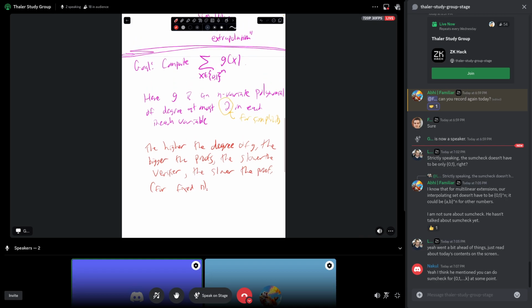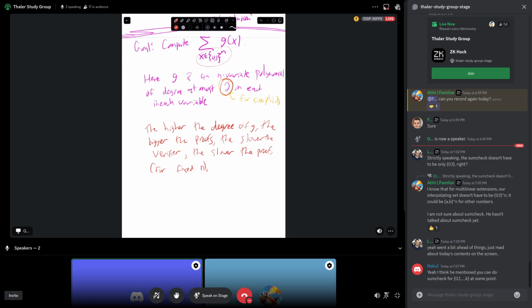Sometimes by increasing the degree of G, you use a different G that is higher degree in each variable, and you're able to reduce the number of variables that G is defined over. So there's a bit of a tension where higher degree means bigger proofs in each round of the protocol, but fewer rounds. Which effect dominates is a little bit in the weeds, and we can discuss that later. But right now, for simplicity, assume G has degree at most 2 in each variable.